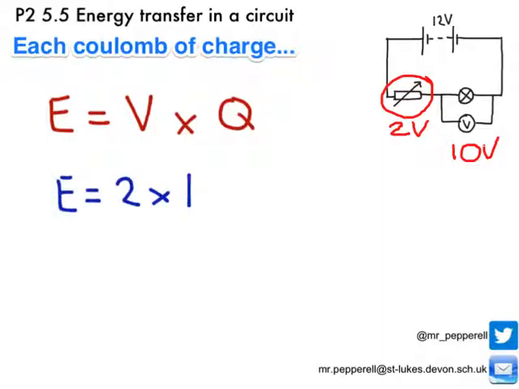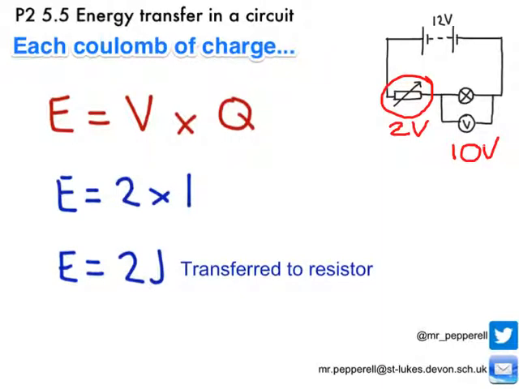So energy is equal to the 2 volts potential difference across my variable resistor, and I've got one single coulomb of charge, so you should hopefully be able to work that out: 2 joules. So I can say that for each coulomb of charge leaving my battery, 2 joules of energy are transferred to the resistor.